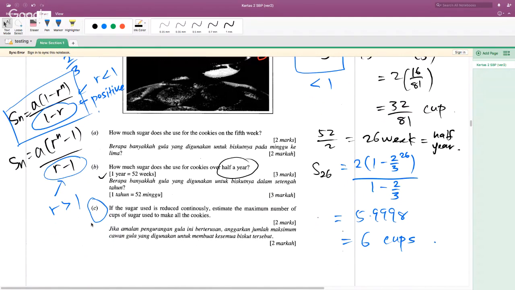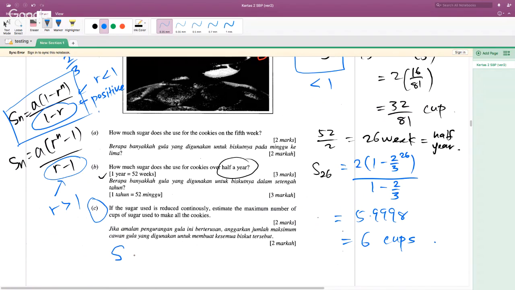So estimate the maximum number of sugar used to make all the cookies. So he's going to keep on reducing until a very, very, very small number. The question asks you to estimate the maximum amount of sugar, meaning in total how much Noriza actually uses. Because the number becomes smaller and smaller, you have to sum them together.